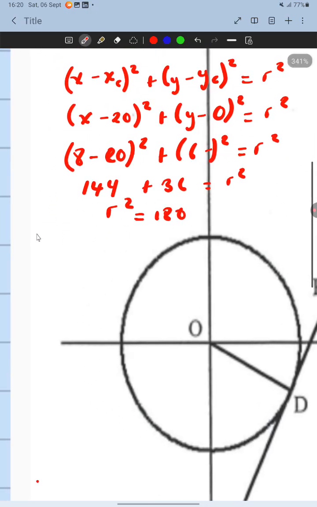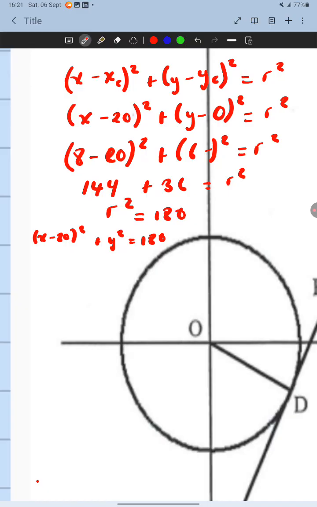So this would be x minus 20 squared plus y squared is equal to 180. But the question was we have to find it in a particular form, so let's see how we can do that.